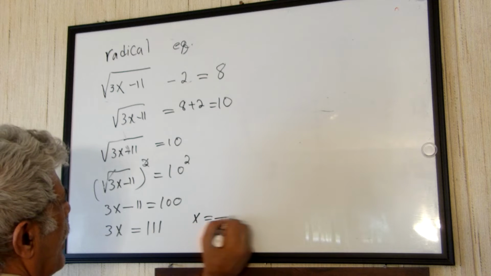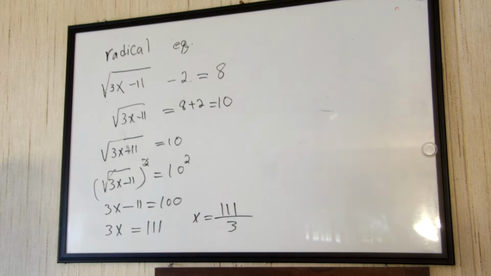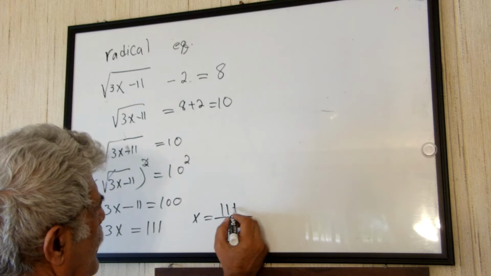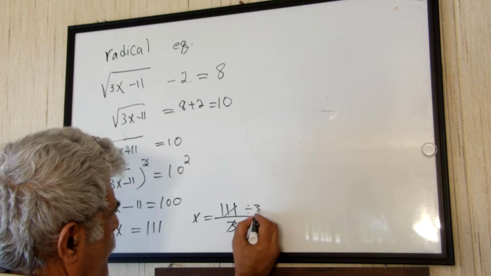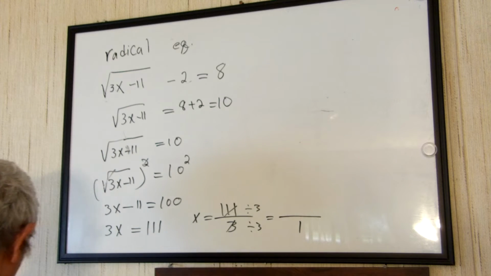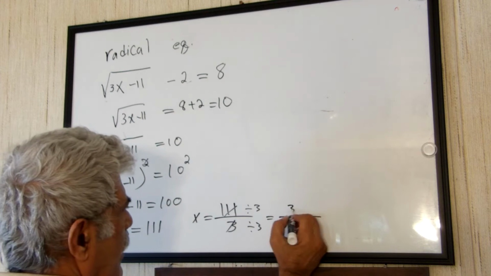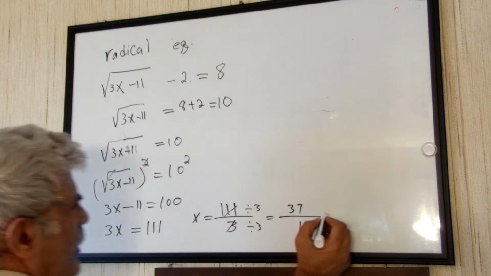So x is going to be 101 divided by 3. See, this is divisible by 3, because if you add the digits 1, 0, 1... If you divide both sides by 3, this is going to be 1, and that is going to be 37.